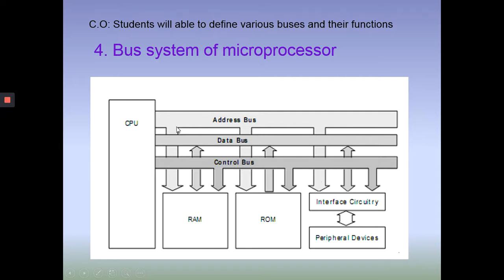So this microprocessor will place either the address of a memory location or the port number of input output devices, so that later on certain operands or instructions can be fetched from this memory or from these input output ports for execution in the CPU. This is the actual role of the address bus.